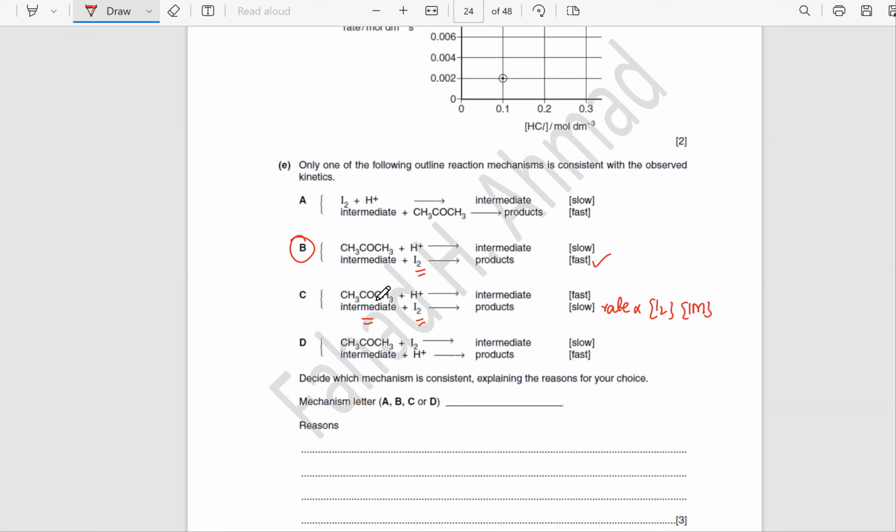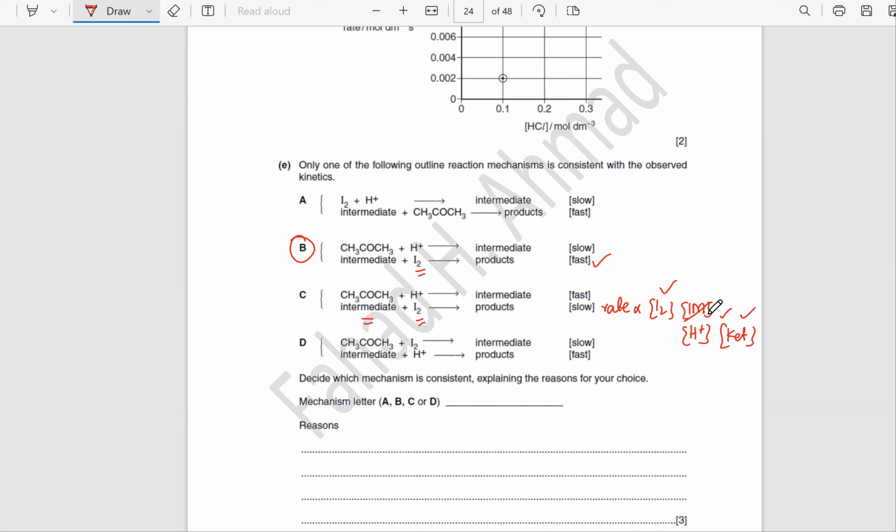And what did I say about the intermediate? The intermediate itself is dependent on H+ and ketone, right? So if you substitute H+ and the ketone back in, that would mean the rate indirectly depends on all of them, right? Is this clear? I'm saying this for practice: the rate depended on the slow step, so it depended on iodine and the intermediate, so I wrote that.